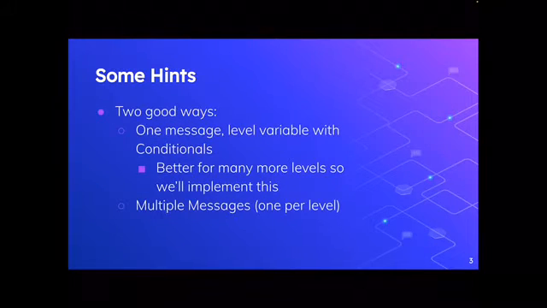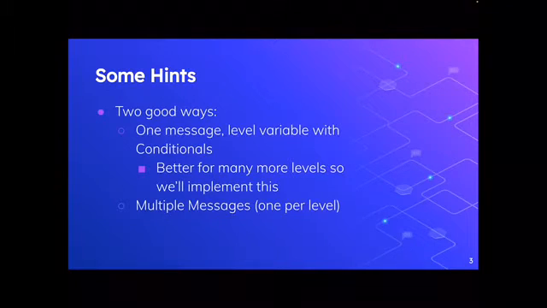Okay, so we're going to make this a bit independent. Here are some hints. There are two good ways to do this. One is to have one message and a level variable with conditionals. The message could be something like advance, and every time advance is received, it makes the level go up by 1.